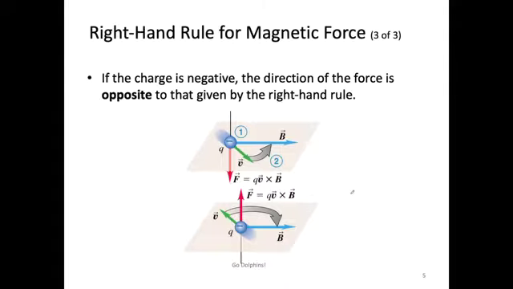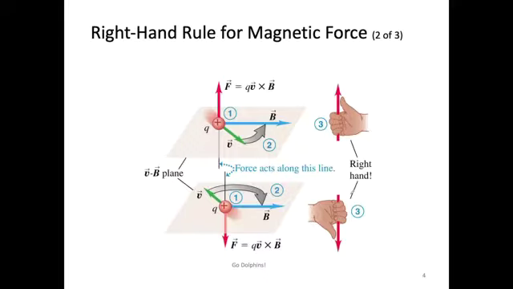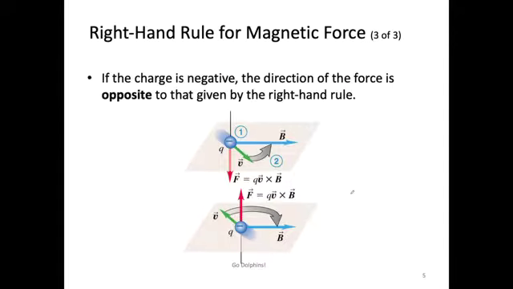Then we may ask, what about a negative charge? The previous slide gave us the direction of the magnetic force on a moving positive charge. For a negative charge, we follow the same procedure: we put our forefinger in the direction of V, curve it into B, and our thumb points in this direction, pointing up.